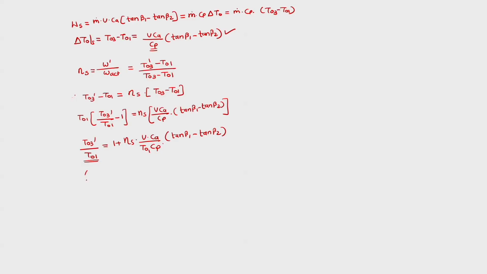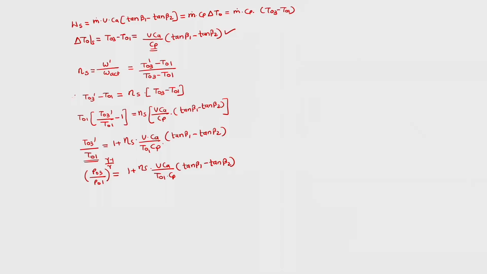So this is equal to P naught 3 upon P naught 1 raised to gamma minus 1 upon gamma, equal to 1 plus stage efficiency into U Ca divided by T naught 1 Cp into tan beta 1 minus tan beta 2.